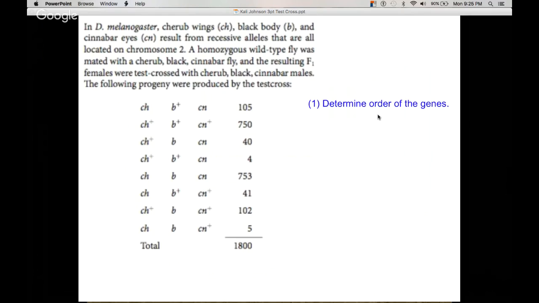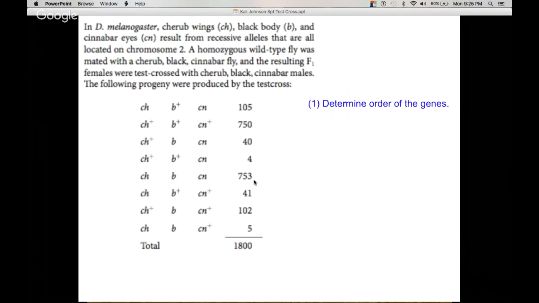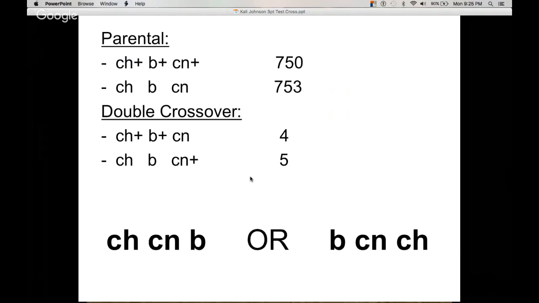And so our first step is to determine the order of the genes. So you have your parentals, which are all wild type and all recessive, and there are 750 wild types and 753. So you know those are the parentals because they occur the most frequently.